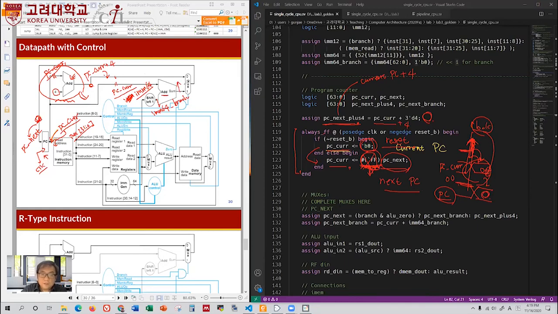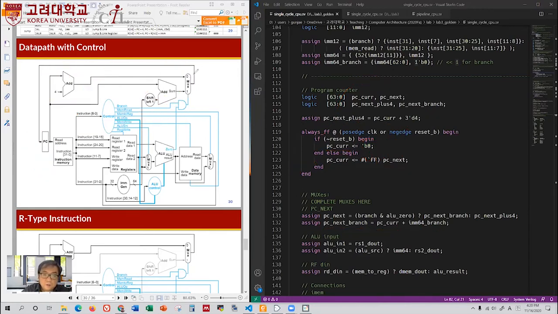This signal is the PC next branch, that is the next PC value determined by branch instruction. So as you can see, that is the PC curve, plus immediate 64 branch. So do you understand? Clear.